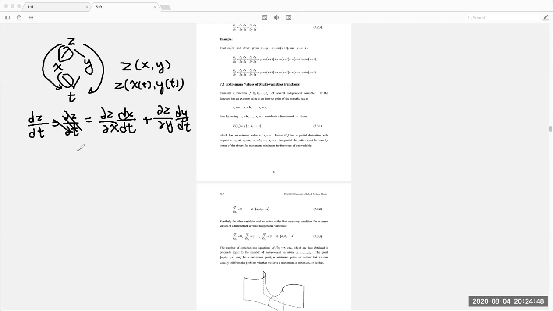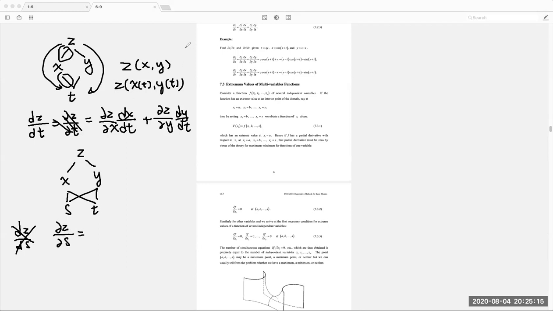Another type of function is like this: z is a function of x and y, but x and y are also functions of s and t. So you can't do the ordinary differentiation of z with respect to s. You must do the partial differentiation.